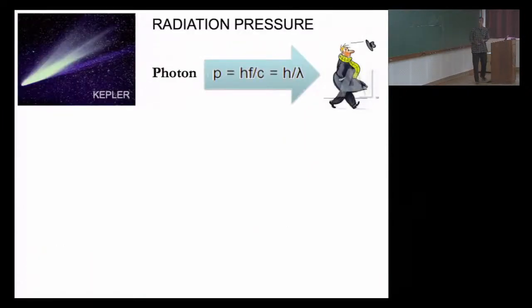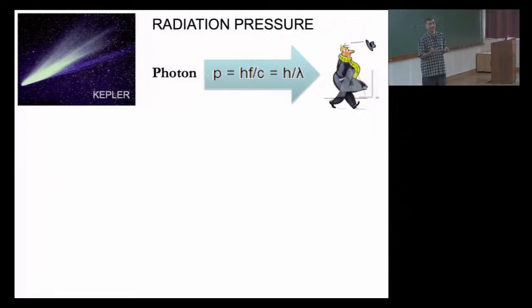So we have all seen, either on TV or in real life, these kinds of comet tails. Now, do you people know why you have such comet tails? Somebody must know. There's no atmosphere in space, right?